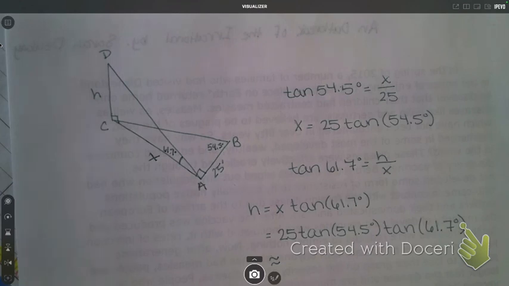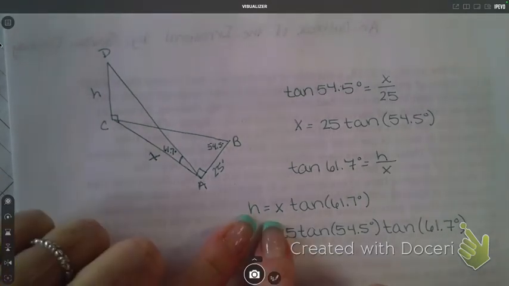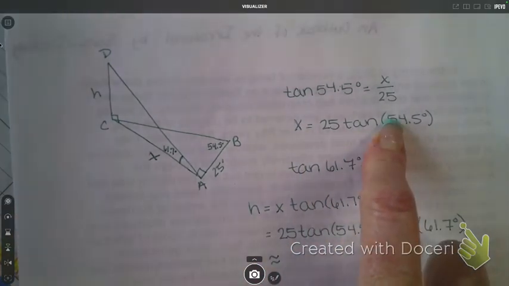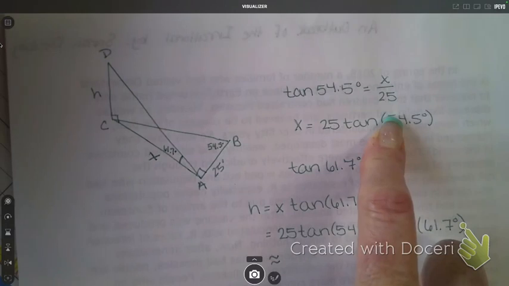Isn't it much easier to plug that one number in all at one time? Bigger than that. No, not X, this is the flagpole. If you plug in X, that's 35 point.